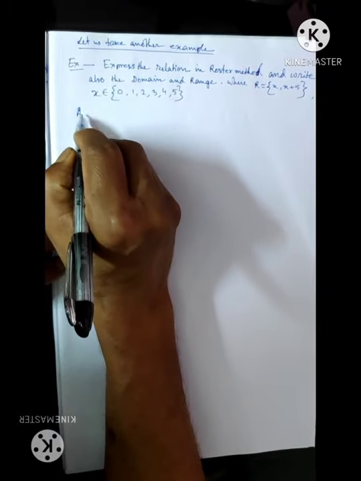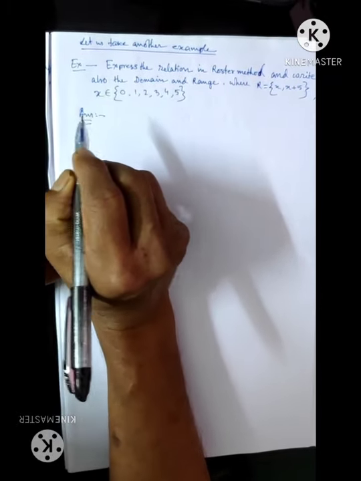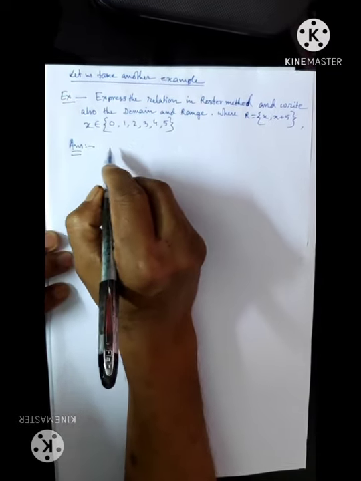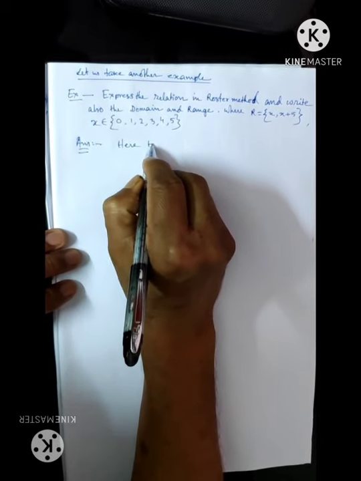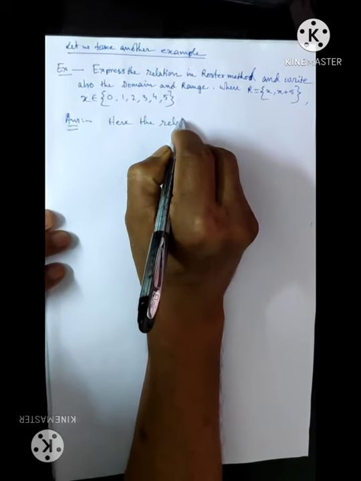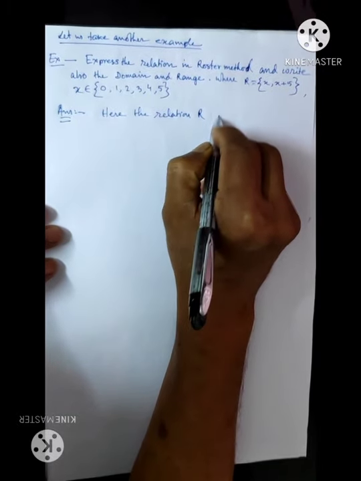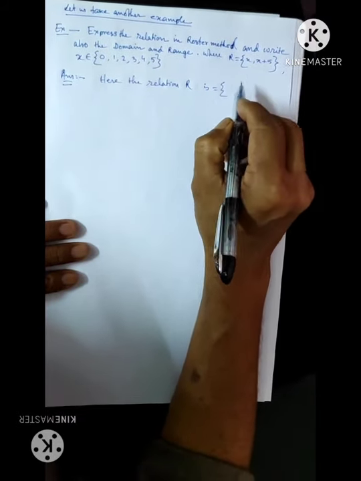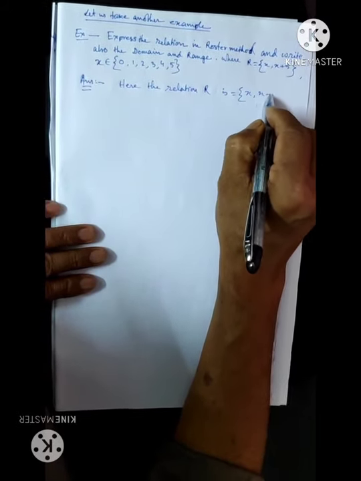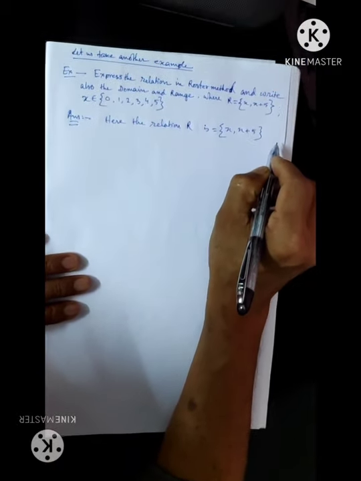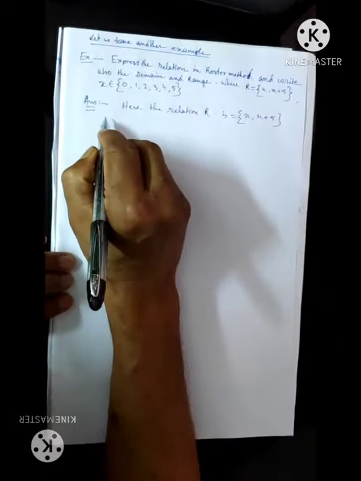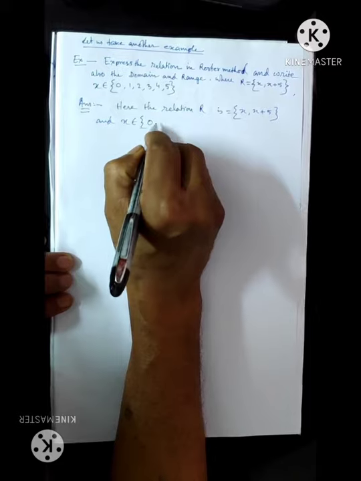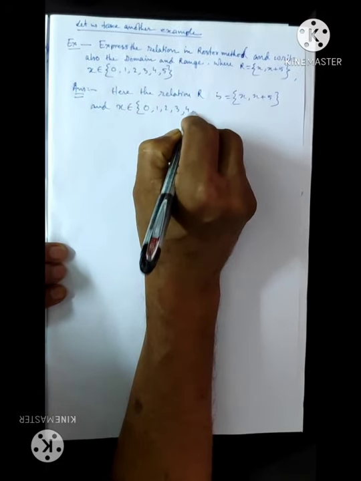Answer. Here the relation R is x plus 5, and x belongs to 0, 1, 2, 3, 4, 5.